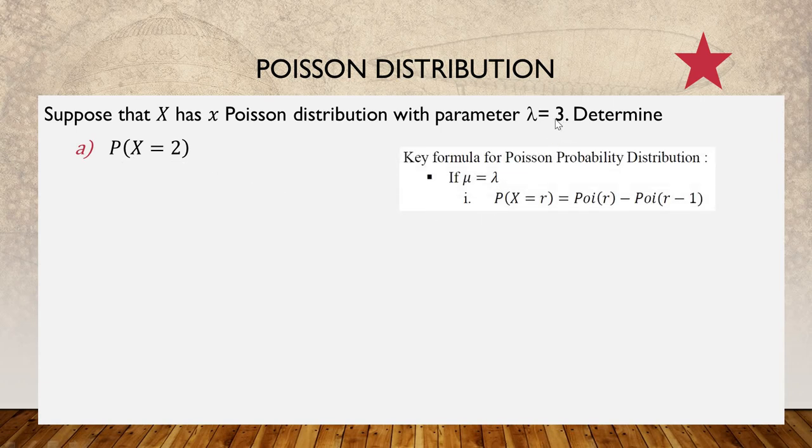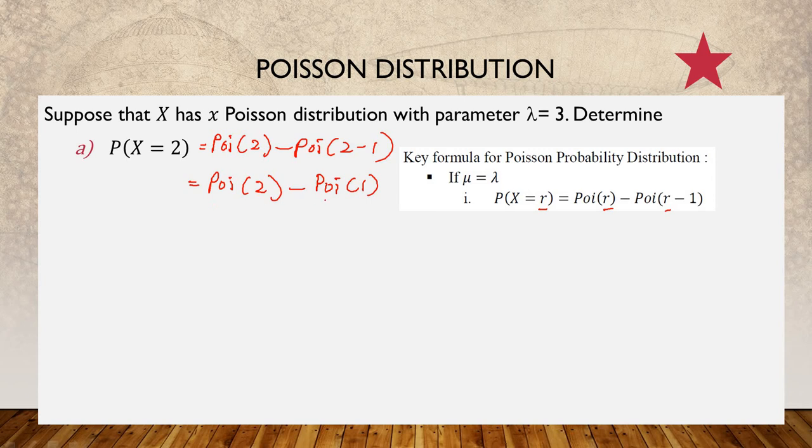We want to find P(x equals 2), so we choose x equals r. The method is similar. We change r to 2, so you have poi 2 minus poi 2 minus 1, so poi 2 minus poi 1.